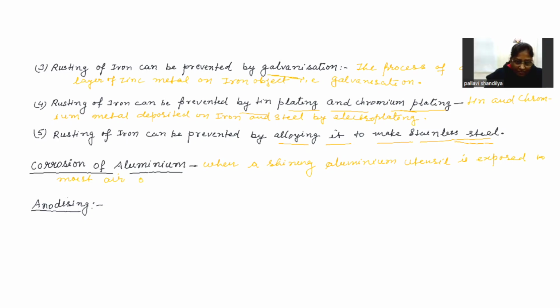So air, oxygen present in air, reacts with aluminium and forms aluminium oxide. That is a layer of aluminium oxide. Okay, so that aluminium oxide prevents the further corrosion of aluminium. Okay, so that is a protective layer on the surface of aluminium.